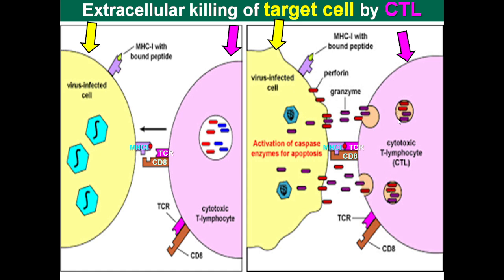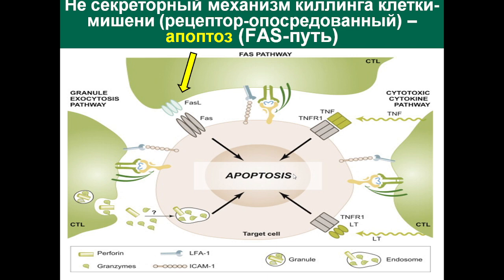Granules with the enzymes and perforins migrate to the boundary between target cell and cytotoxic cell. Perforins form perforations there, red enzymes enter inside of the cell, destroying structures of the cell. This is the last slide.